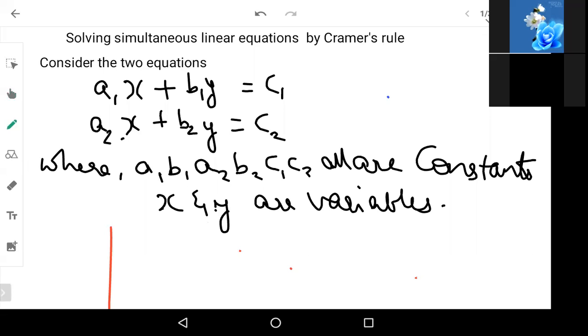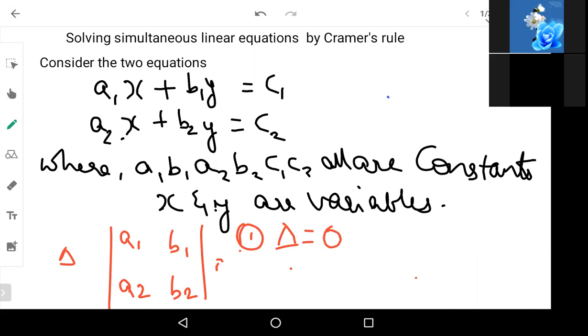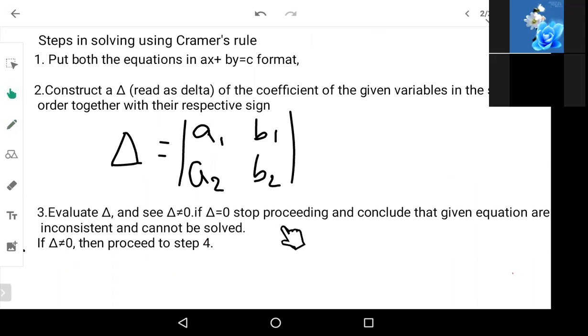So here for the first delta, it will be A1, A2, B1 and B2. And we will simplify this. Once we simplify, we are going to check for the condition. What is that condition? If delta is equal to 0, then we will not be able to get any other answer, so we are going to stop the calculation. If delta is not equal to 0, then we can go to the next step. So that is what we are supposed to understand from the answer of delta.